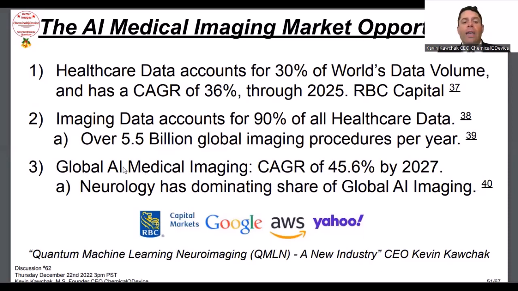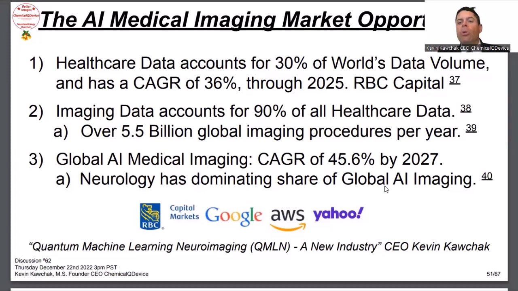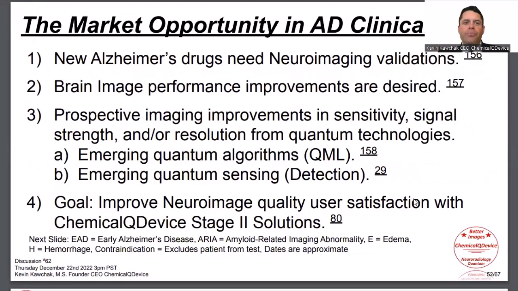And then also the global imaging AI medical market has a compound annual growth rate of 45%, with neurology. And we're kind of seeing that in the papers, but this is an industry view: neurology, such as MCI, AD, or even stroke, is accounting for the dominating share of the global AI imaging market.